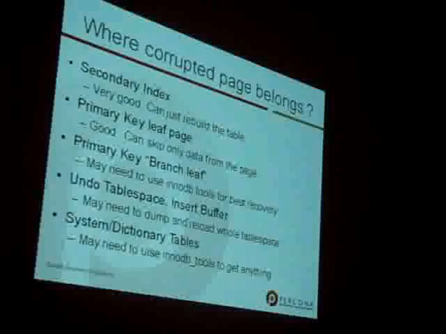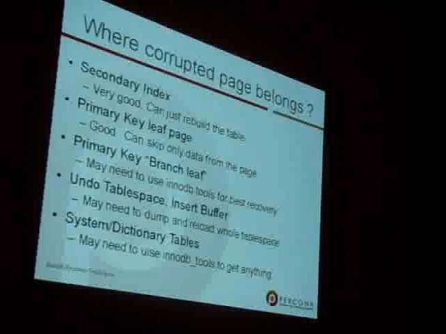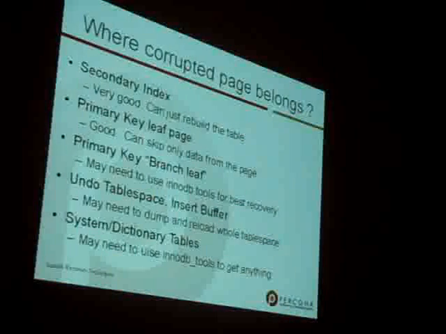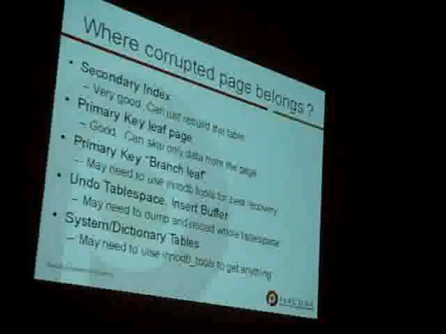And it also could be various stuff like undo tablespace, insert buffer or system dictionary table. And in this case, things are worse, because chances are we'll have to dump and restore the whole tablespace, or even use InnoDB recovery tools to get to our data.